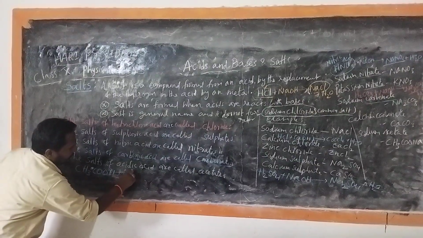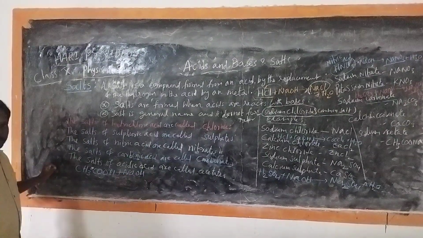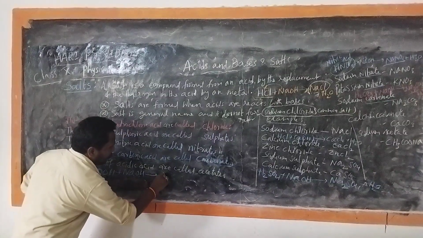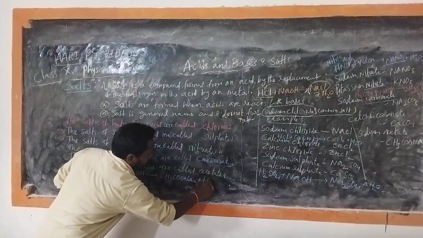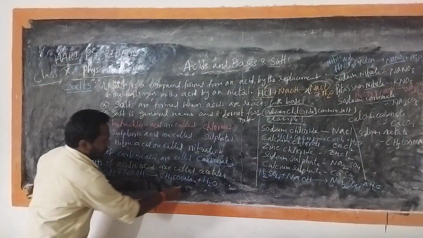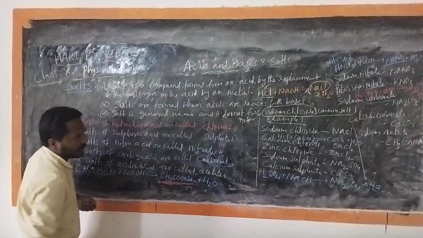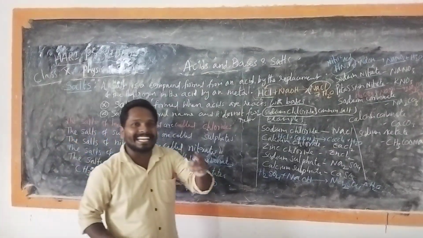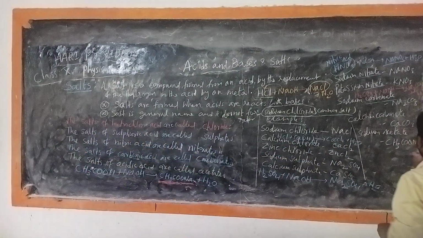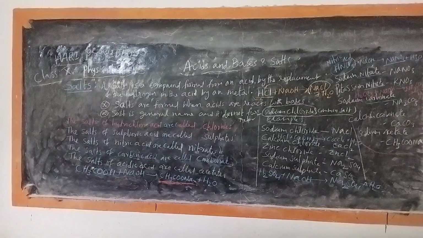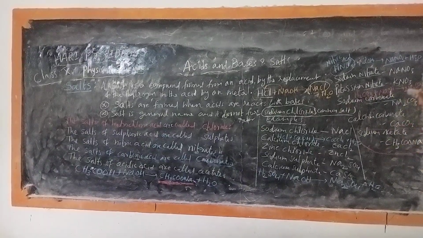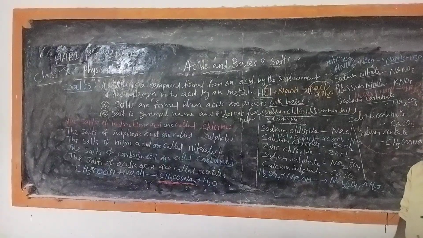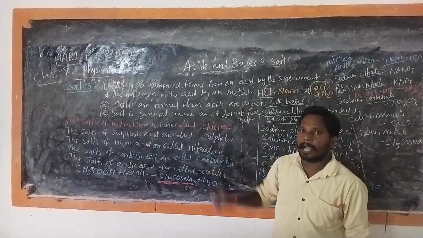This acetic acid reacted with sodium hydroxide gives CH3COONa plus water. This CH3COONa is called sodium acetate. Sodium acetate means the salts which are formed from different types of acids.